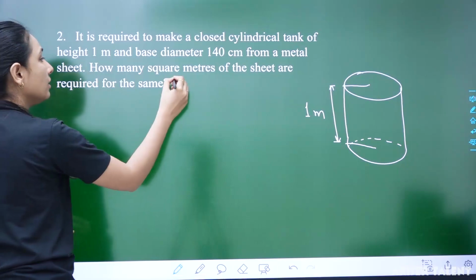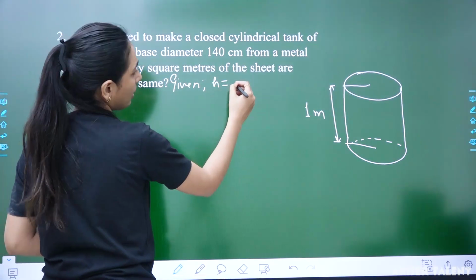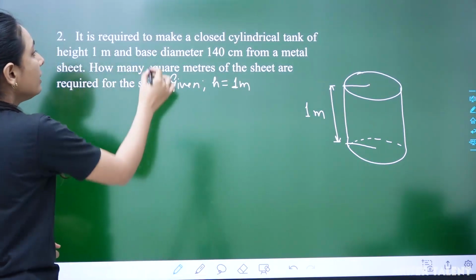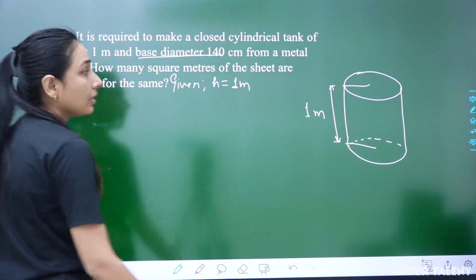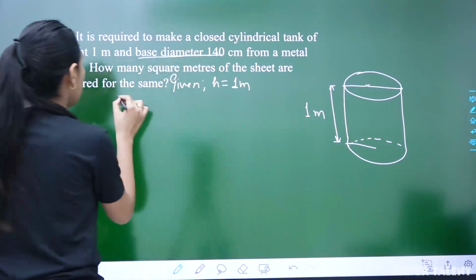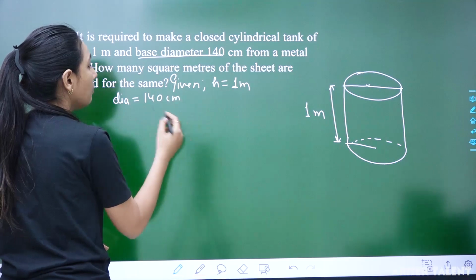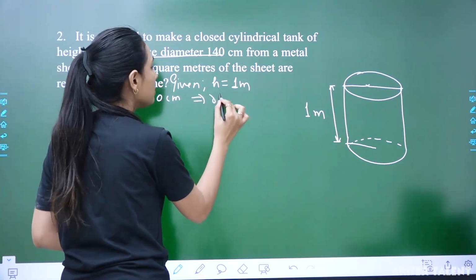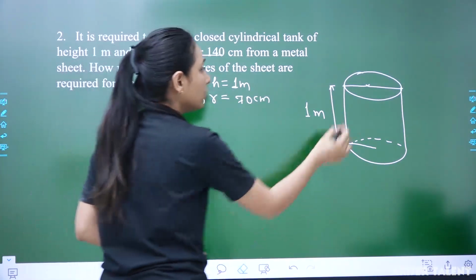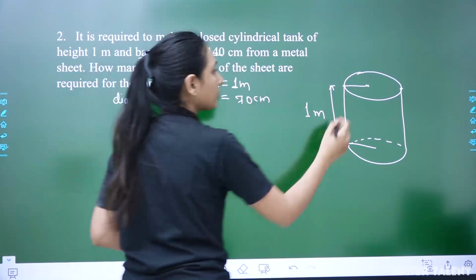So h equals 1 meter. And the base diameter is 140 centimeter. The diameter is given, diameter equals 140 centimeter. This implies that the radius will be 70 centimeter.